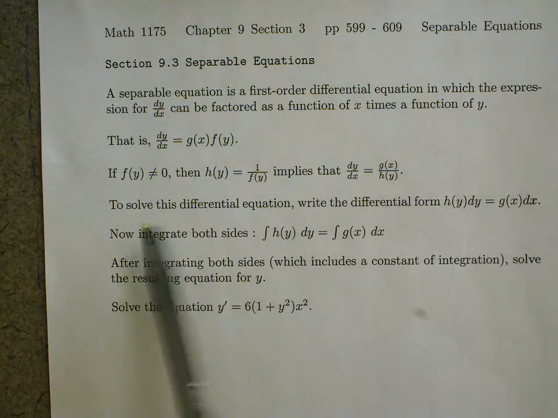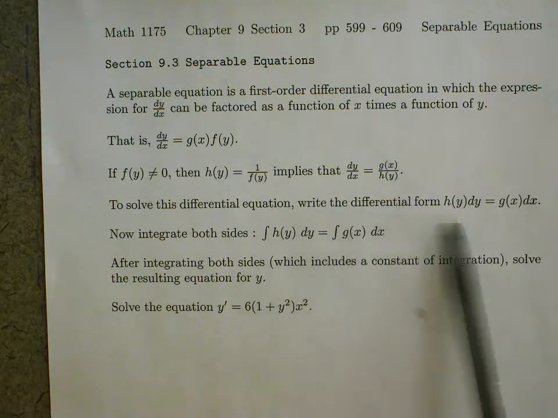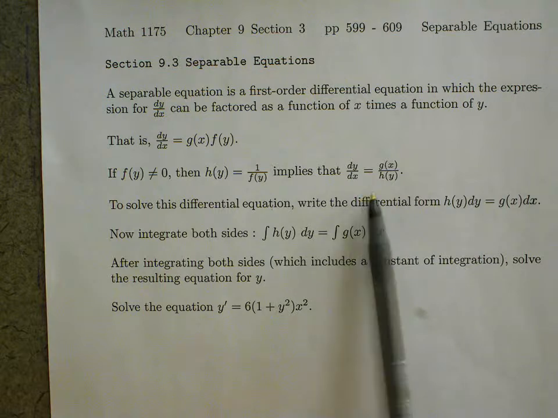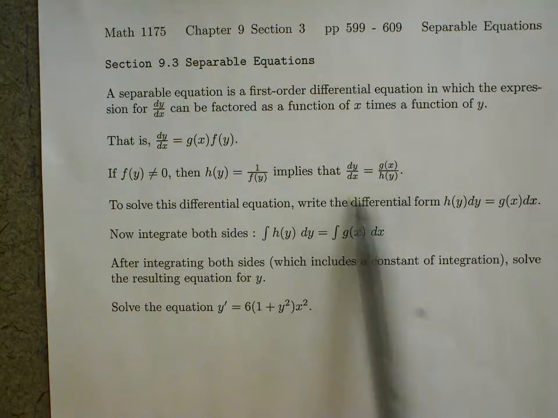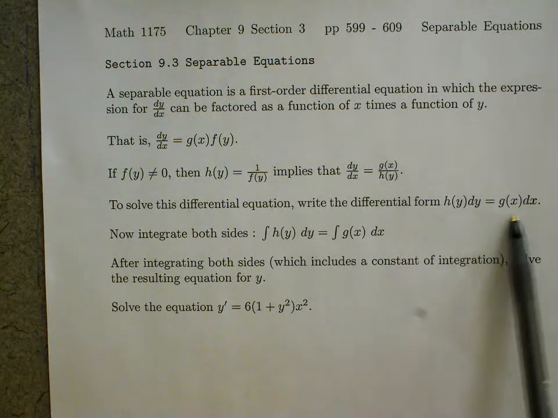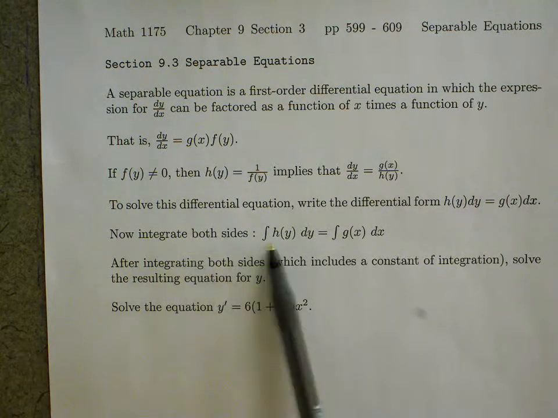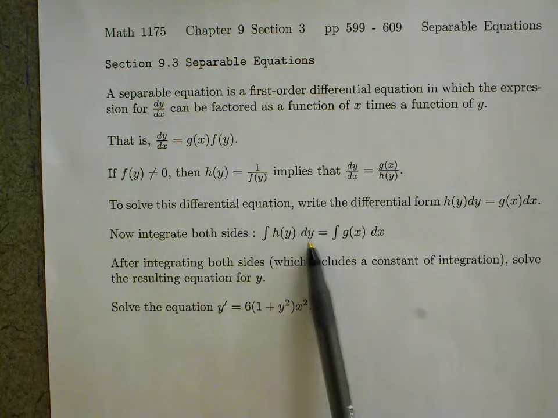And then to solve this differential equation, we write the differential form. It comes down to fraction arithmetic. We write it as h of y dy equals g of x dx. And then we integrate both sides. On the left-hand side, we have an integral of a function of y dy.